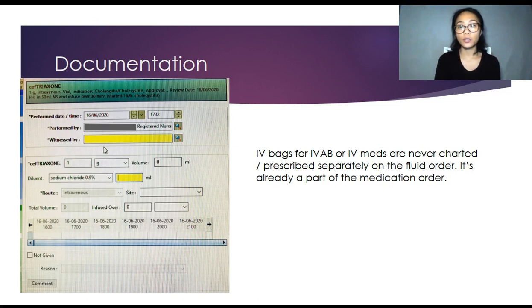So there's no fluid order chart that will tell you we need to give 1 gram of cefazolin in a 100 ml bag. It's just the medication prescription, because it's considered part of the prescription when you read it in the Australian Injectable Drugs Handbook.